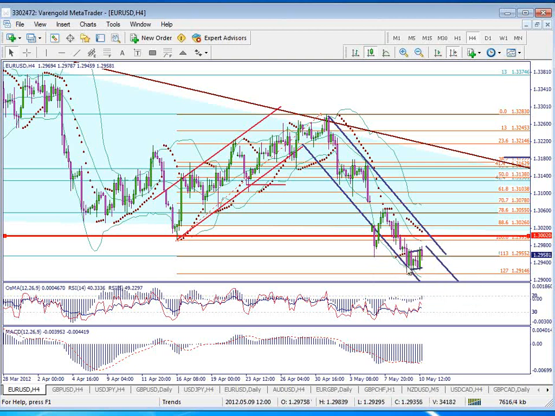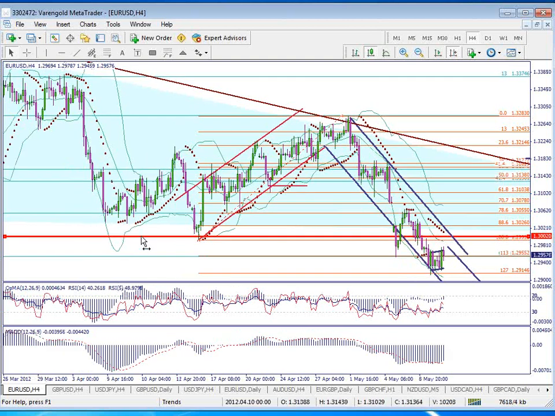Here, the pair tests the inferior line of the channel, and we have a chance that the pair will try to reach this 100 Fibonacci level on this uptrend, but also to target 1.3 thousand, the psychological level.